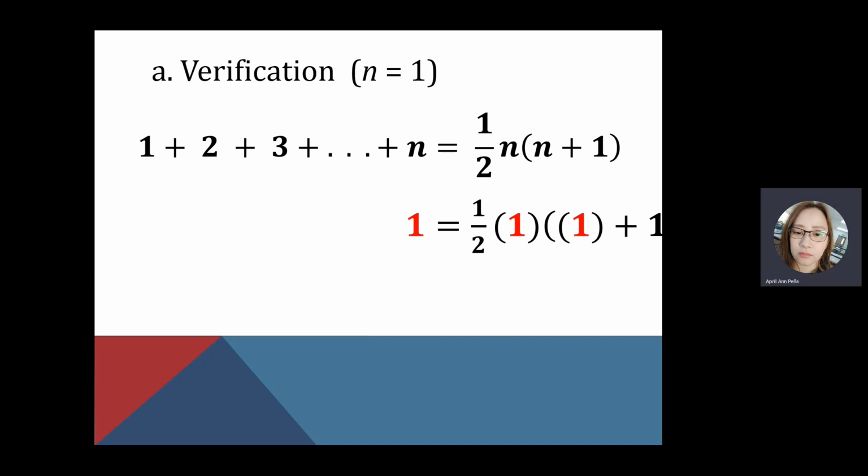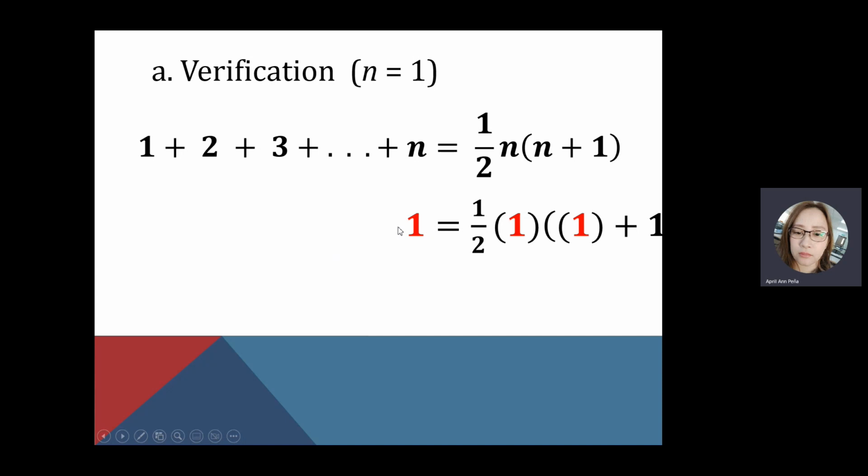So we do have 1 on the left, since we just have the n, then on the right we have n and n, so you're going to substitute 1. After that, you're going to show that the left is equal to the right.